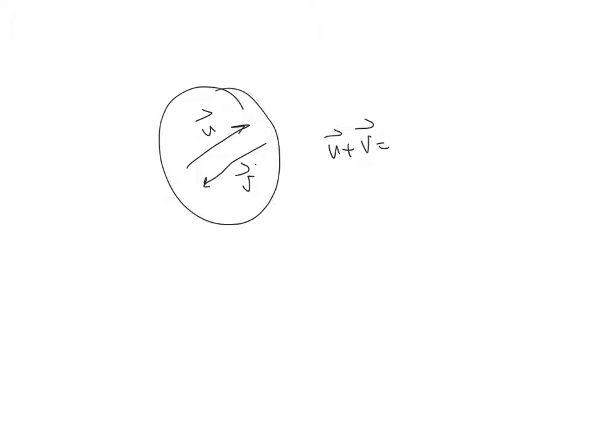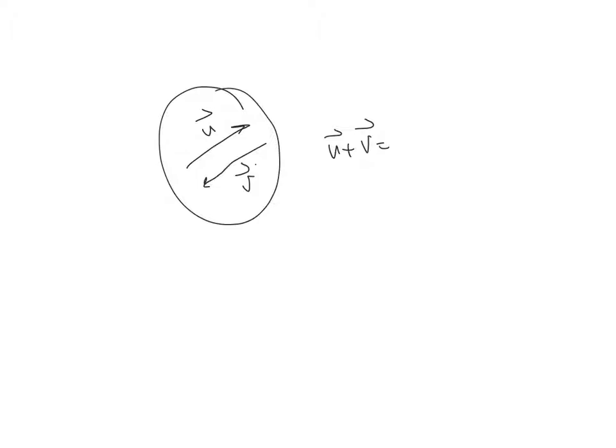The next scenario is when you are adding two vectors which are of the same magnitude and in opposite direction. Let's say u looks like this one and v looks like this one. u and v have the same magnitude but opposite direction. Obviously, u plus v is going to give me a vector of magnitude 0.